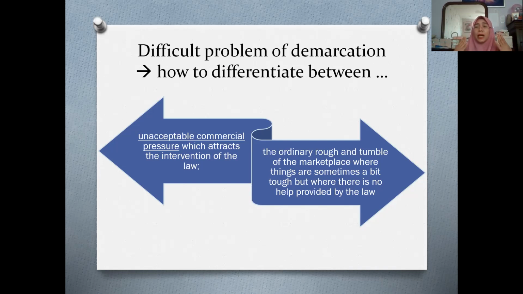The moment you decide to be in business, there are obviously many challenges, and in that situation no help is provided by the law. It's about you being competent; it's a stiff competition in the marketplace.